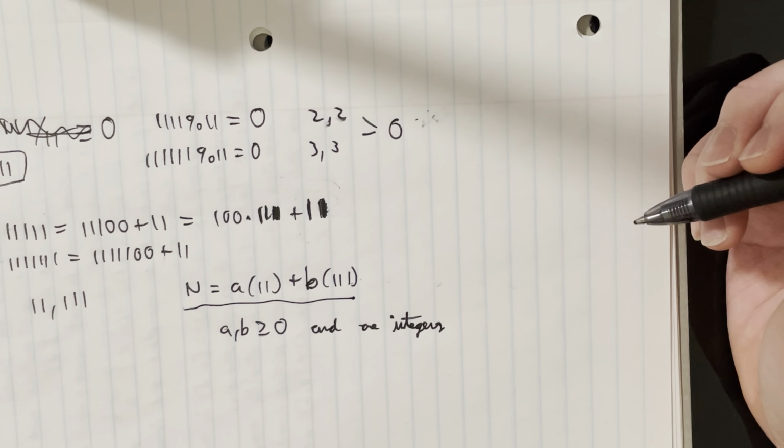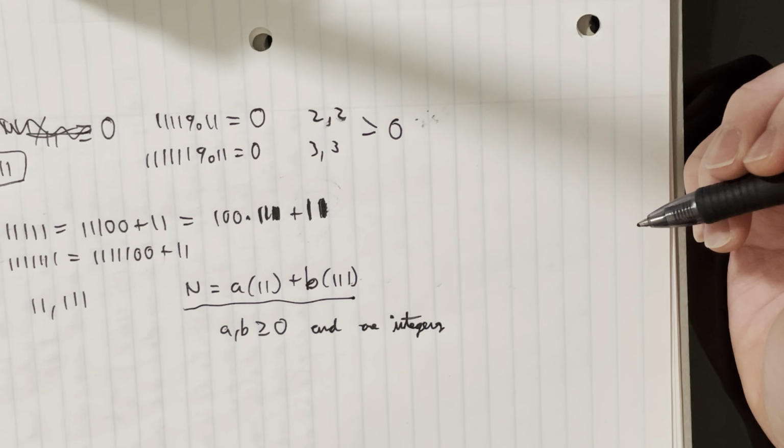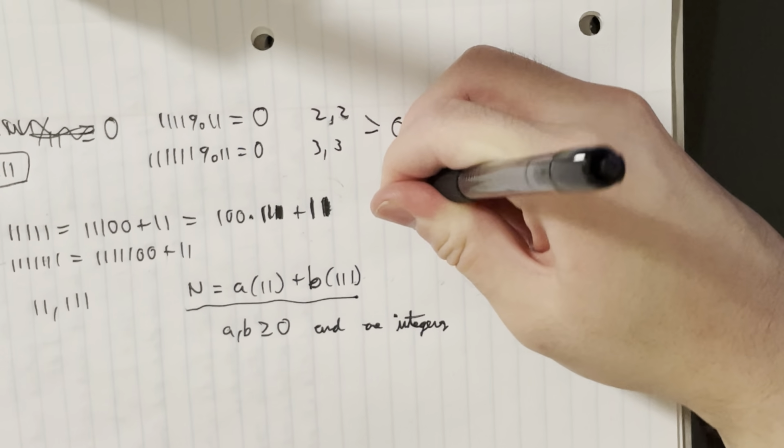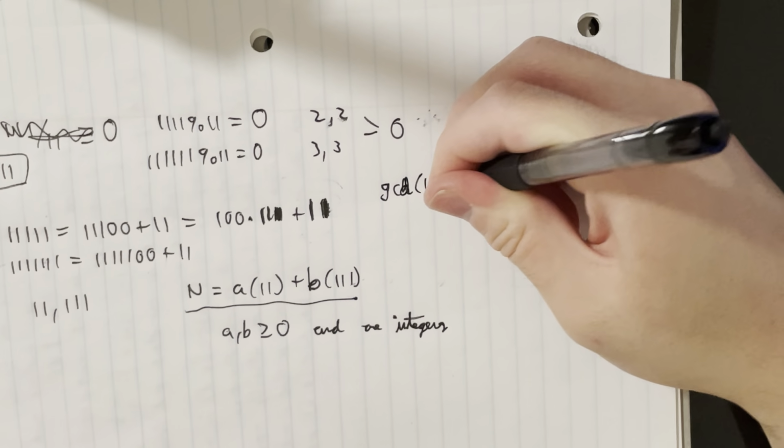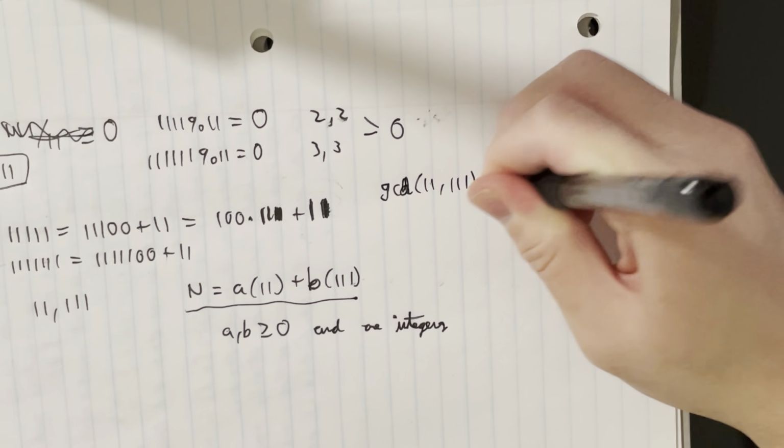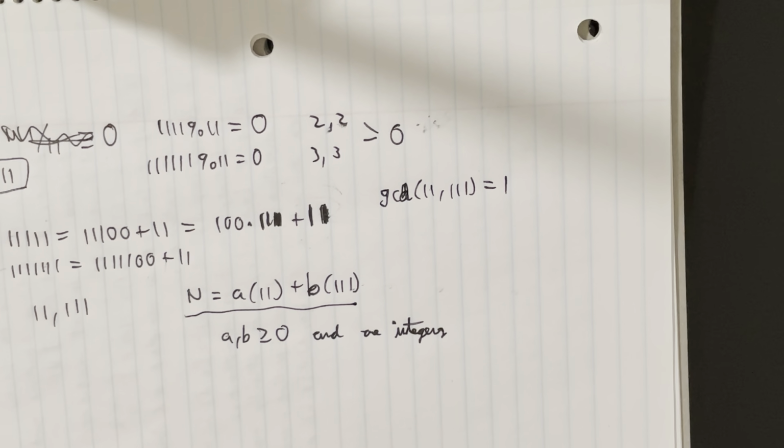So, for example, keep in mind that the GCD of 11 and 111 is equal to 1. And this is the reason why this logic works.